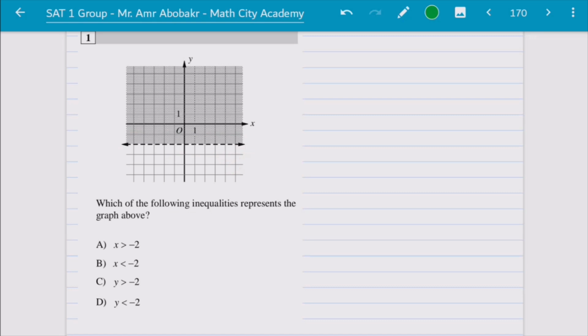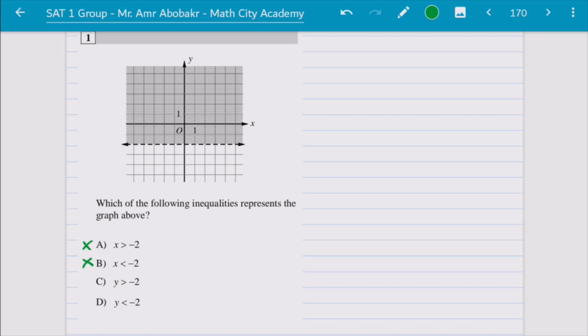The second thing that we can observe is that we have here a line which is parallel to the x-axis. I told you before, when you see a line parallel to the x-axis, so y is equal, y greater, y smaller. So we can cancel choice number A and B because this line is parallel to the x-axis.